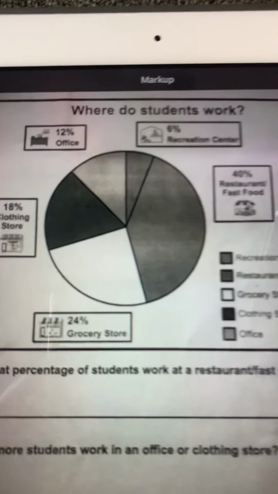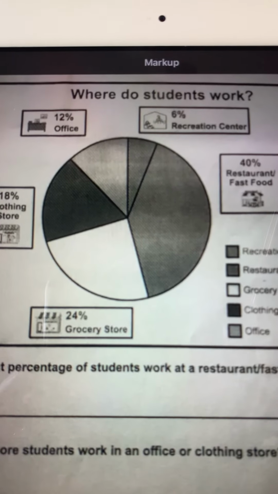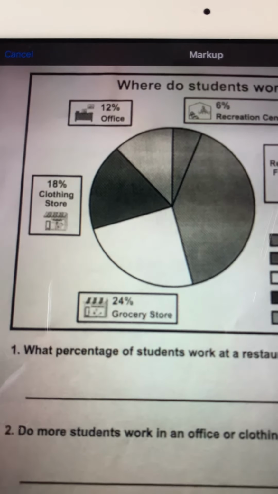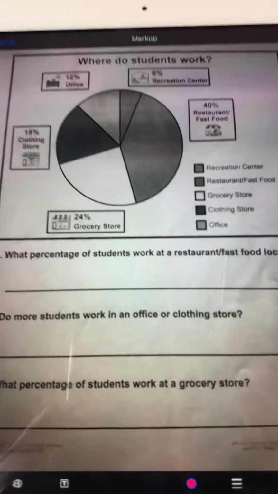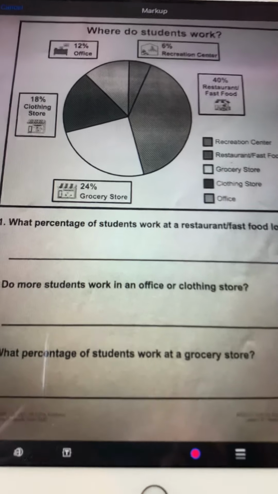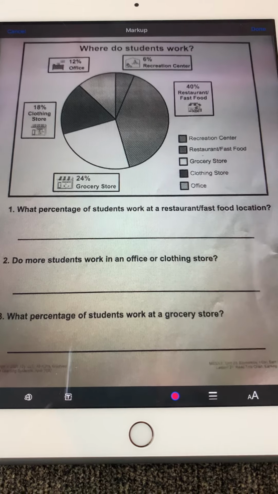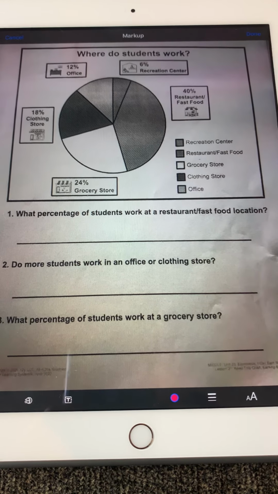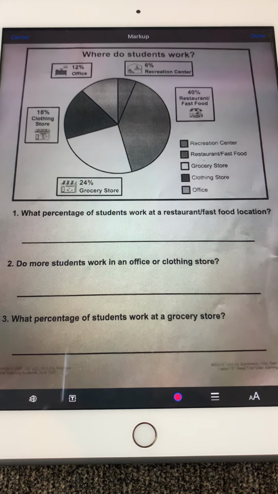Okay, so we're gonna zoom in on it there so you all can see. And let's go ahead and read the first question. The first question says, what percentage of students work at a restaurant fast food location?